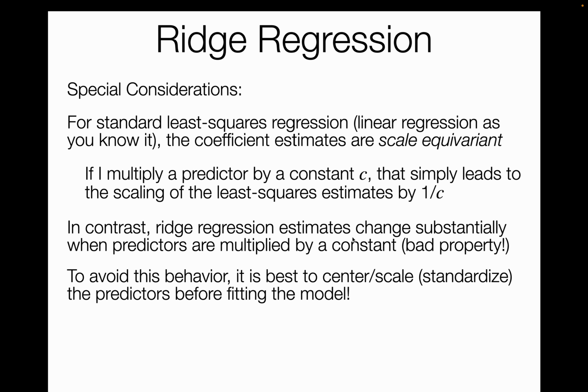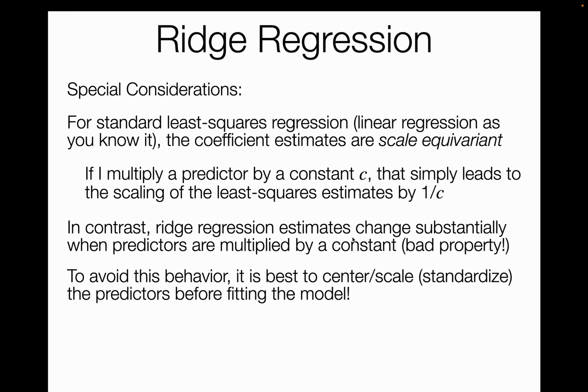That means that we talked about centering and scaling before as things that we could do to change the fit or change the numbers. And what this is saying is that for regular linear regression, that doesn't fundamentally change the model. It just changes by a constant c.